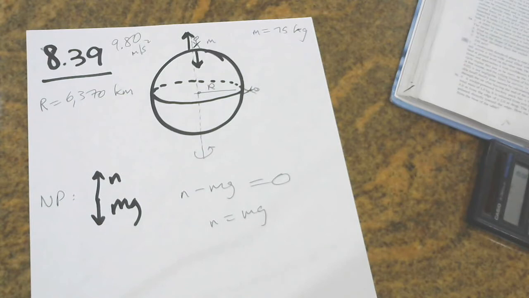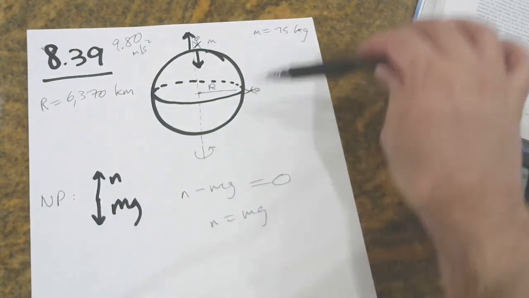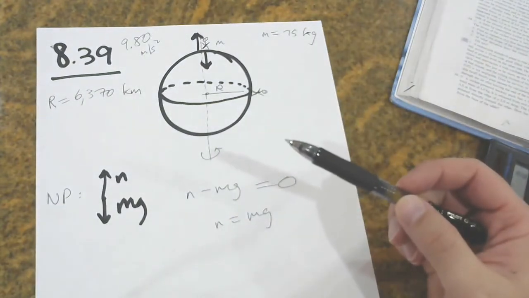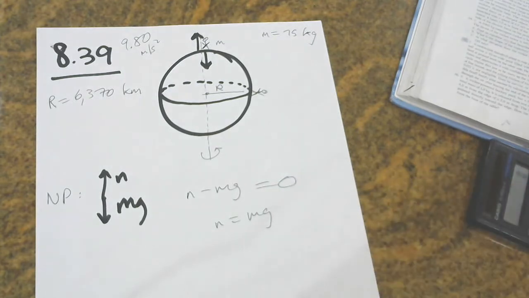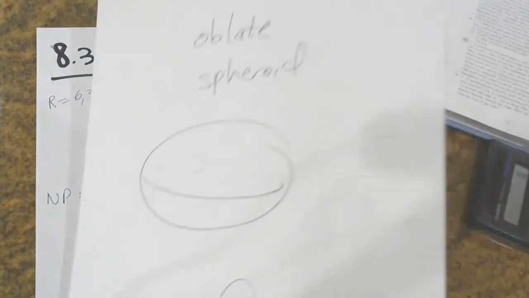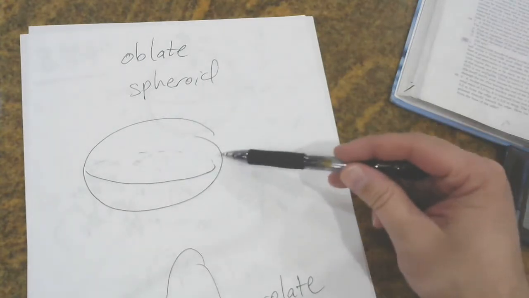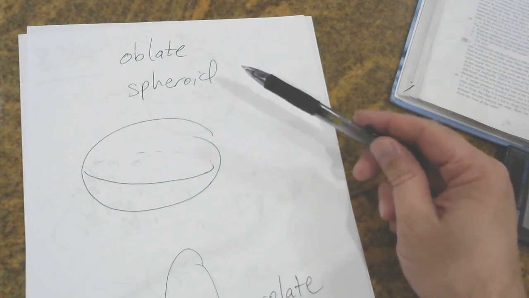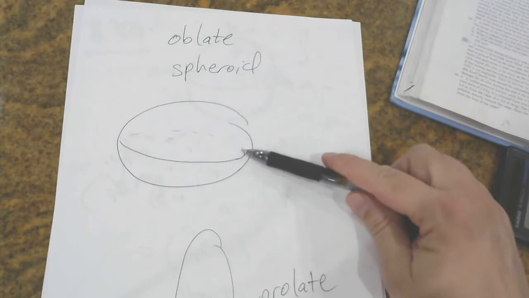Let's just pretend that if the Earth were not spinning, everything, no matter where you were on planet Earth, would fall towards the surface at 9.80. And that's really not accurate because the Earth is shaped, this is a gross exaggeration, but the Earth is squashed a little bit because of its rotation. It's called an oblate spheroid. This would be a prolate spheroid, but Earth looks a little bit more like this.